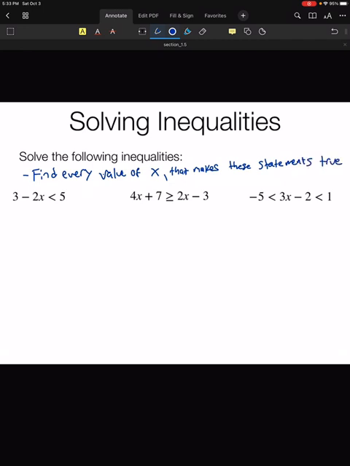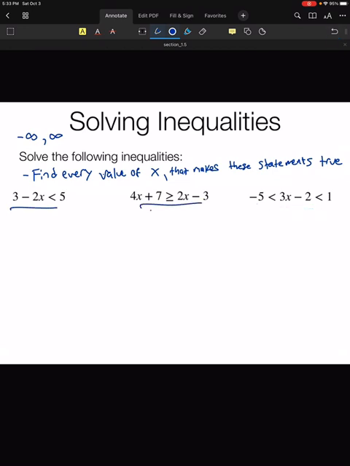The values of x, which I could possibly substitute into these, are anything from negative infinity to infinity. I want the values of x which make this true, or this, or this.